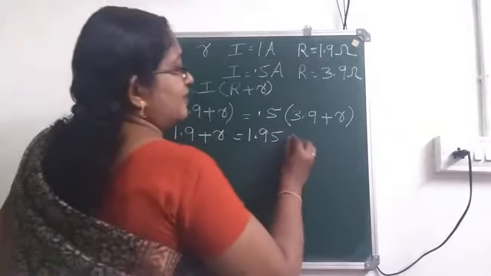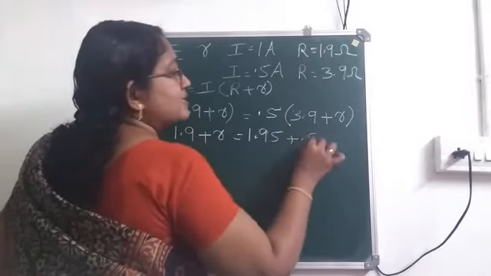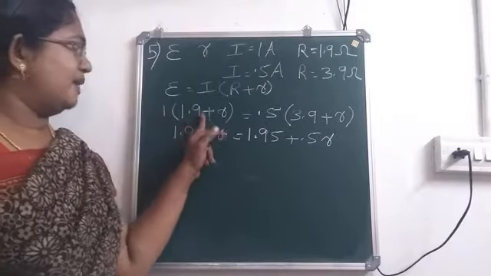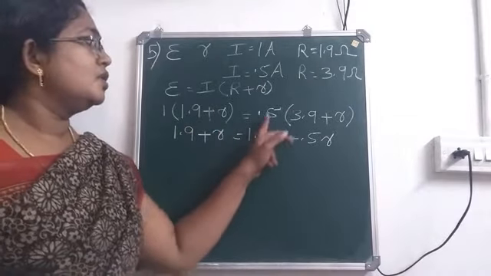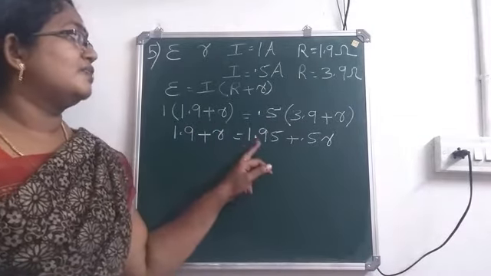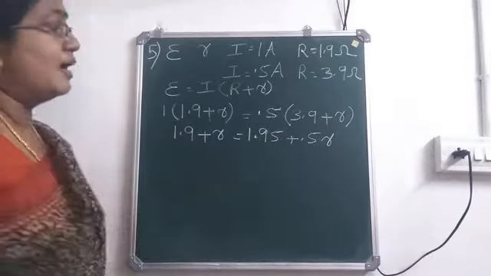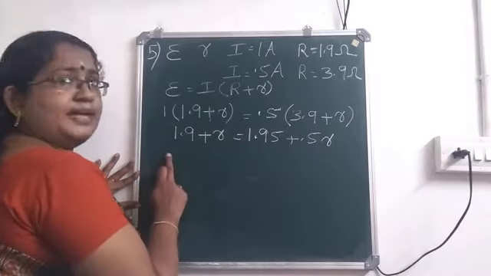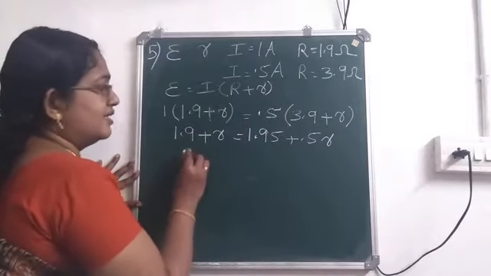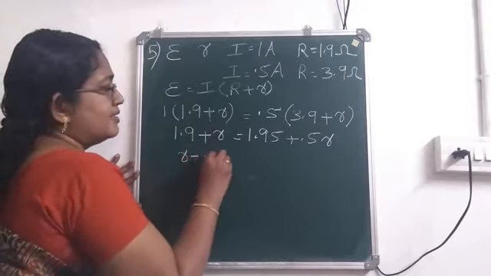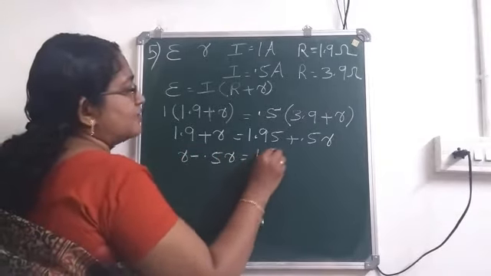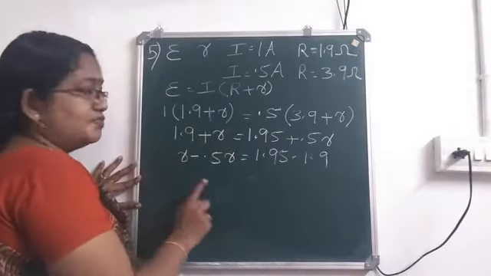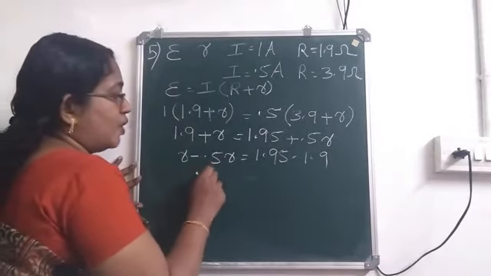So 1.95, you can just check, plus 0.5 into R. I just removed the bracket. 1.9 plus R is equal to 0.5 into 3.9 is 1.95, 0.5 into R is 0.5 R. 0.5 R I am taking to this side, and 1.9 is taken to the other side. So R minus 0.5 R is equal to 1.95 minus 1.9. R means it is 1. 1 minus 0.5 is 0.5.